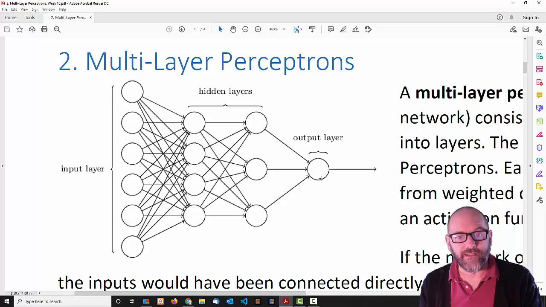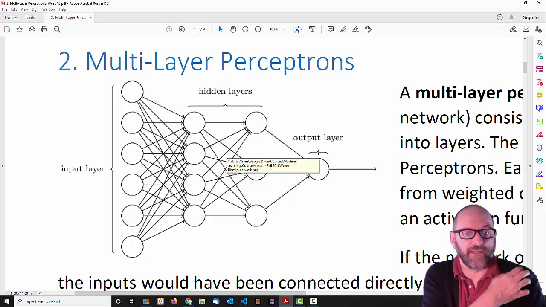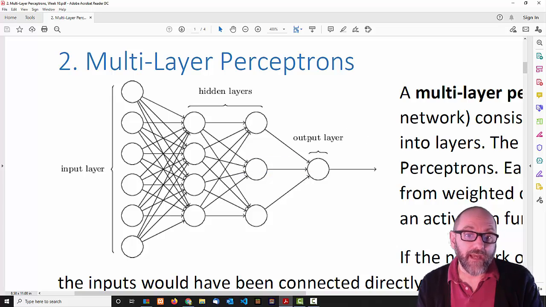And then these feed into the output layer, which in this network just has a single neuron in it. And this one here is basically a perceptron. It's just computing the activation, figuring out the output, and giving us the output. So you can view this here as a perceptron, and this down here is the input layer, and these are the hidden layers here.